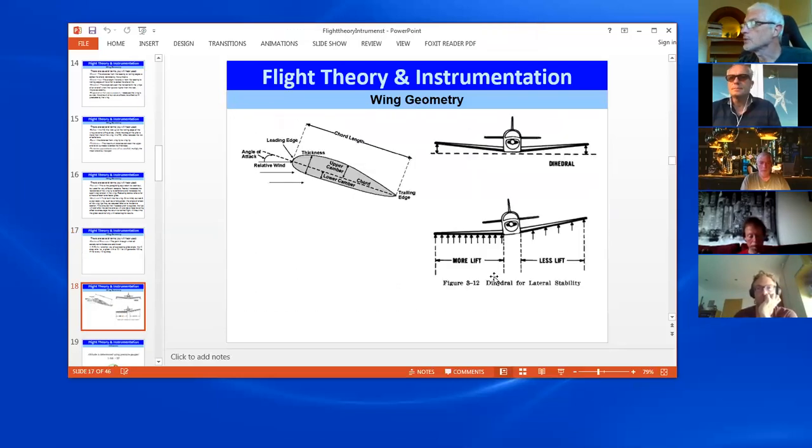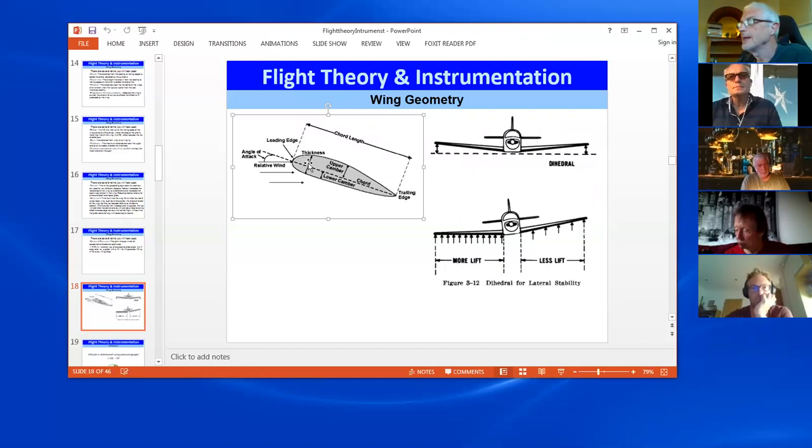Basic wing geometry is to do with aircraft, it isn't how paragliders balance, so I'm not going to go into too much detail. The main thing this diagram of the wing shows is the chord, the length between the leading edge and the trailing edge.